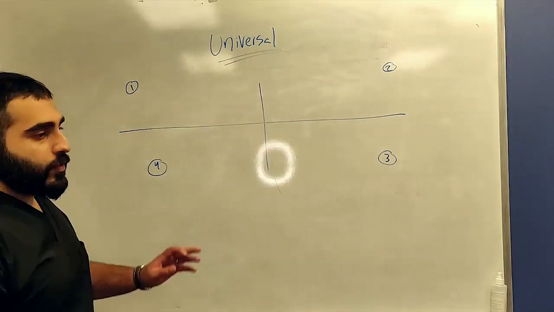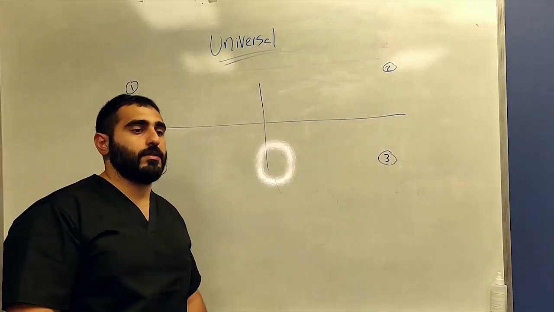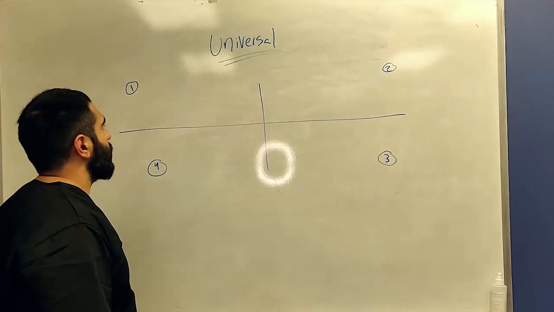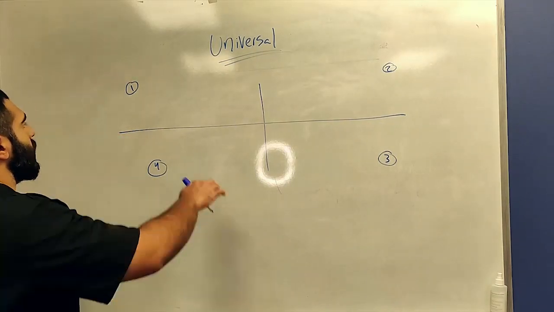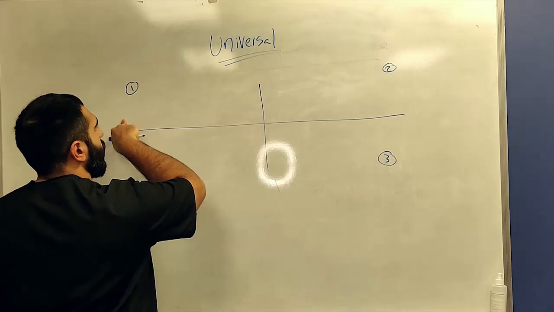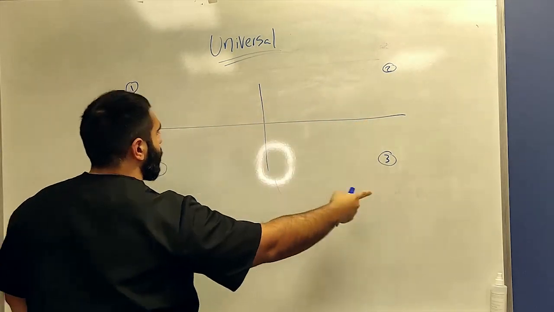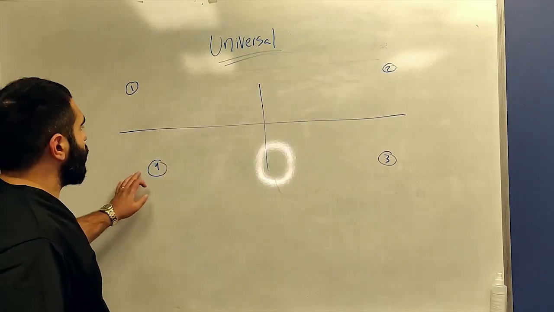So, in the universal system, initially I'm going to do the permanent dentition, your adult teeth, and then we'll also talk about the primary dentition. In the permanent dentition, it starts with 1 on the first quadrant, and it goes to the second, third, and comes all the way to 32 in the fourth quadrant.